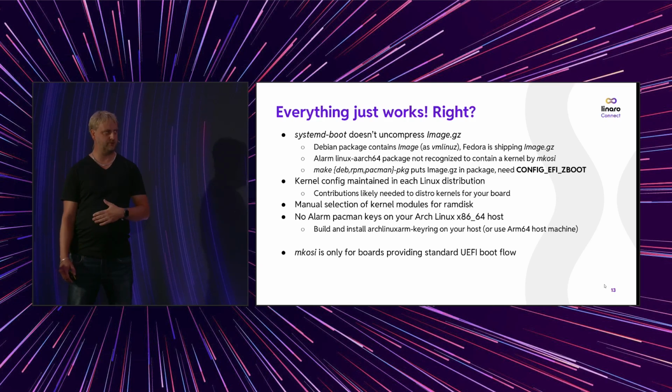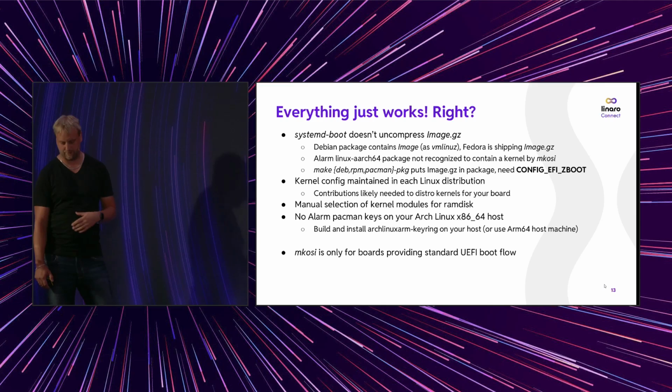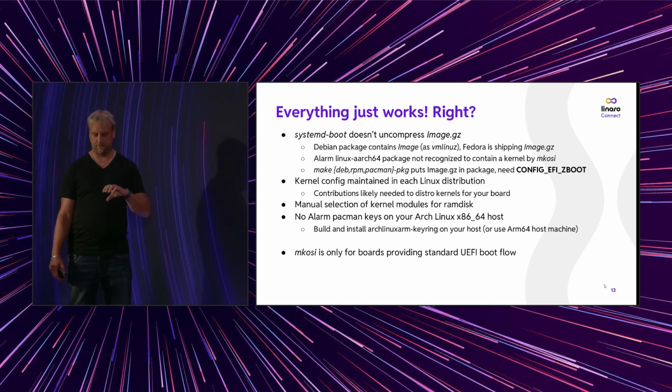I sent a patch to try to change that to match what Debian and Arch do, but it wasn't well received at first, and I haven't gotten much feedback. So for now, you have to enable the zboot flag, which packages up the compressed kernel with its own unpacker.